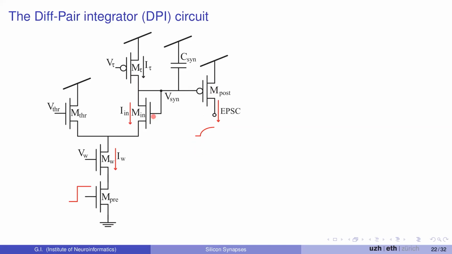And so this means that as time passes, whenever I have the step current, the current that's flowing through this path gets smaller and smaller until I reach a steady state. And we will actually see all of the equations, but this is because of this negative feedback. If Vsin goes down, this transistor switches off. And the more this goes down, the less current we have, so the output current increases more slowly. So that's already a hint that this is going to be a proper RC circuit, because it starts to look like really what an RC should look like.